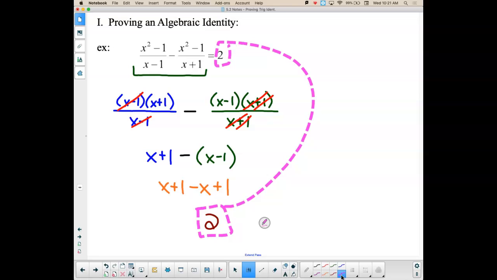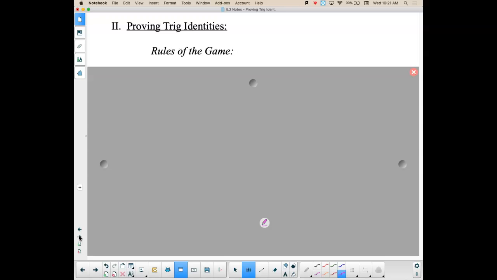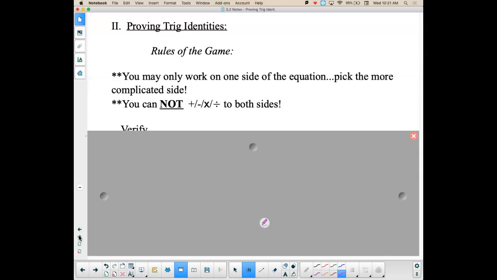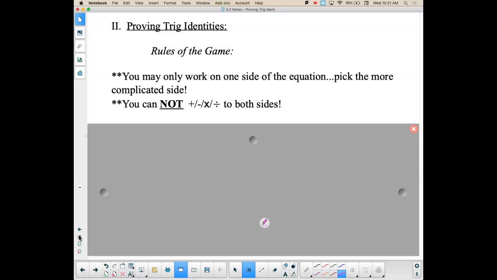Now, your pink formula trig identity sheet is going to come in rather handy because you are only going to be able to work one side of the equation, and you're going to pick the more complicated side, and you cannot do something to both sides. So the only thing that you have to use is all of these identities, 1 through 17.